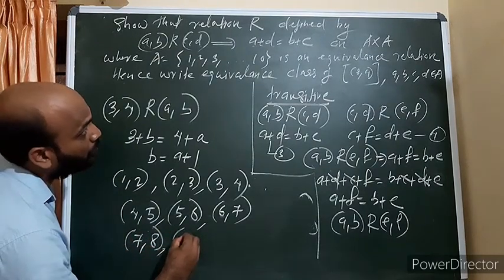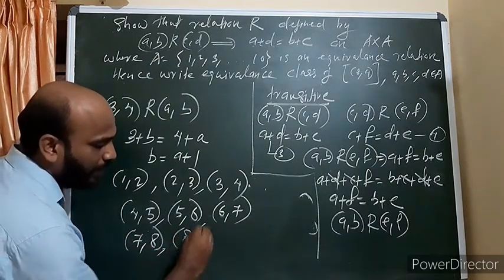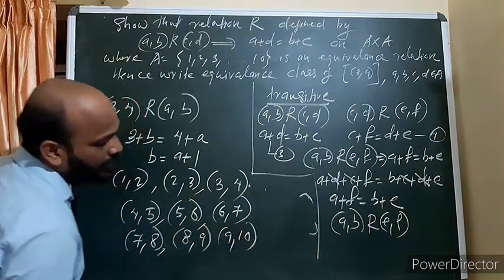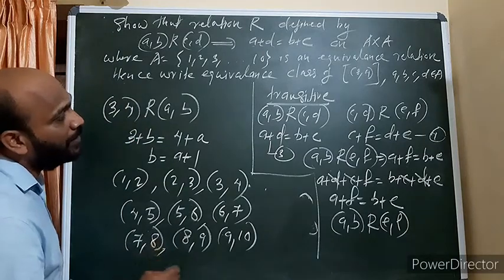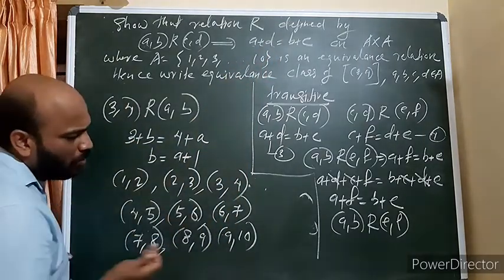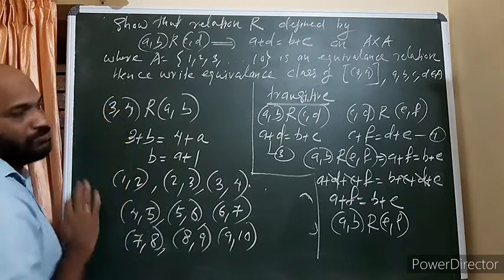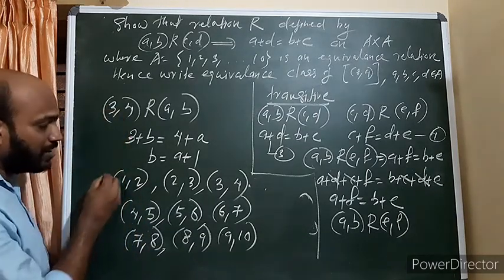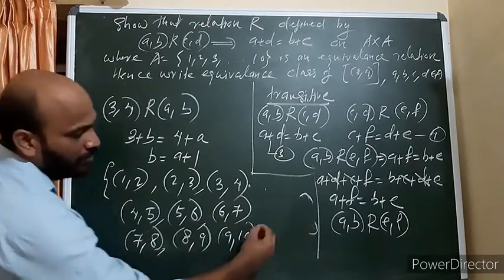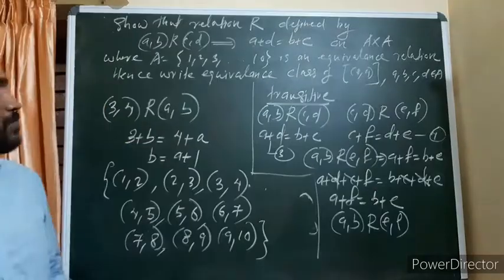When a equals 8, b is 9. When a equals 9, b equals 10. When a equals 10, b will be 11, and 11 is not in this set. That means all these ordered pairs are related to (3, 4). So the equivalence class of (3, 4) means the set of all elements related to (3, 4). That means this is it.